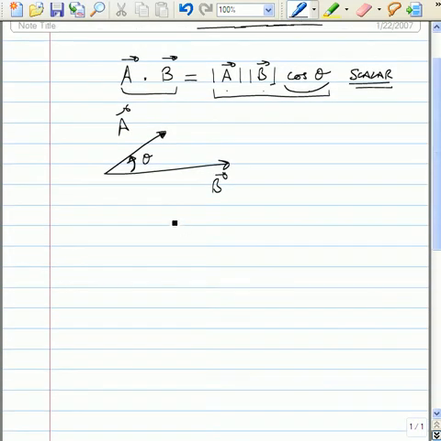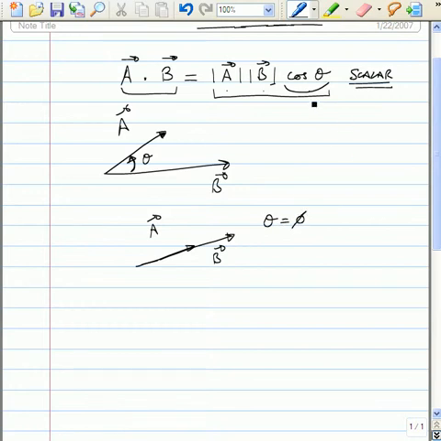We have two interesting cases for the dot product. The first interesting case is when vector A and vector B are collinear. So they are parallel to each other and pointing in the same direction. If you have such a case, then the angle between A and B is 0.